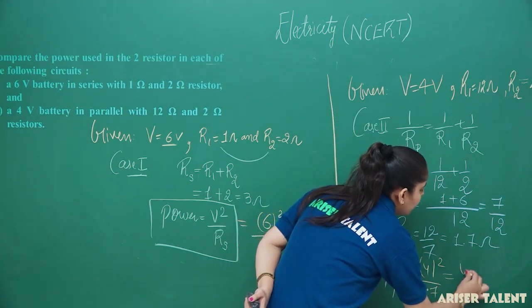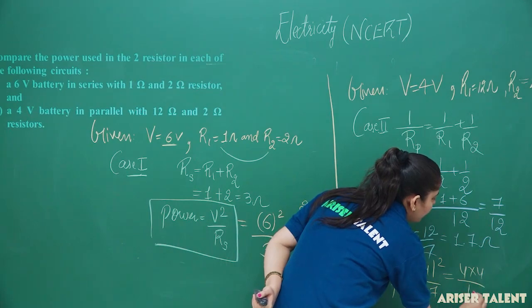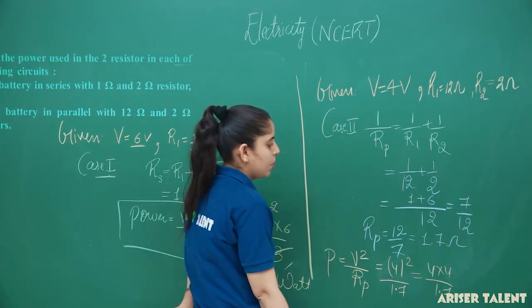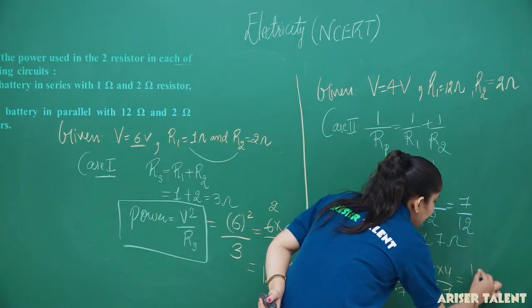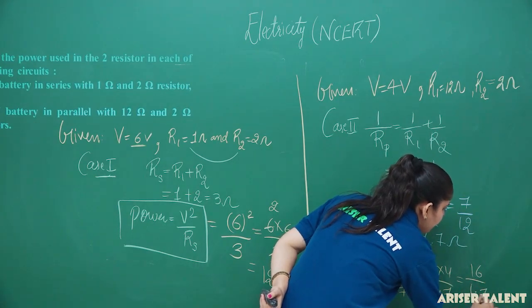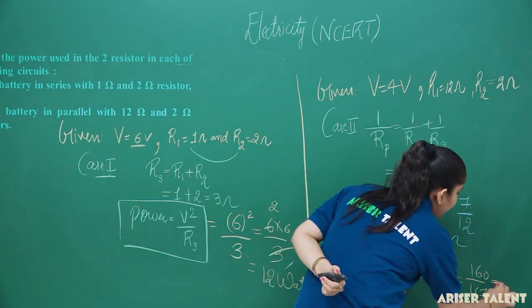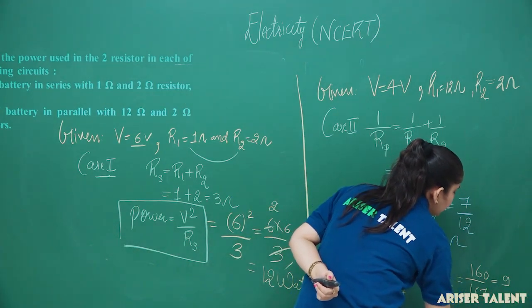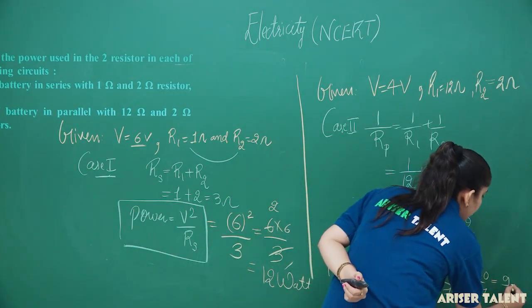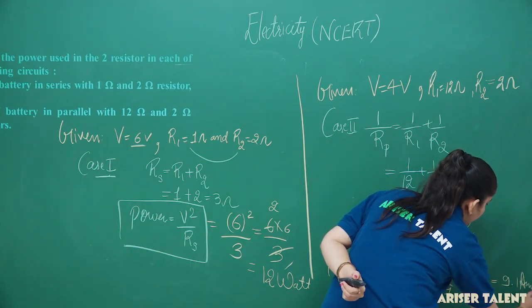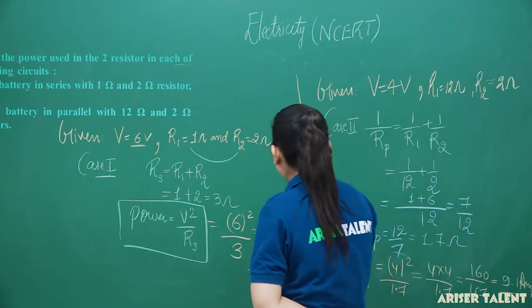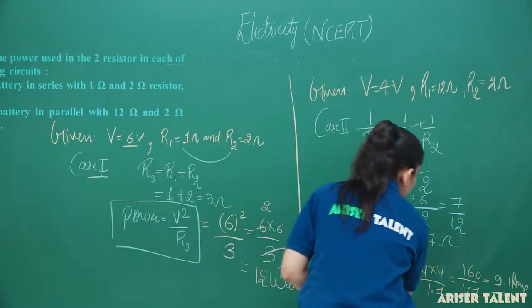It came out to be 4 into 4 upon 1.7, so it is equal to 16 upon 1.7. The point must be shifted here, so it came out to be approximately 9.1 watt we are getting here.